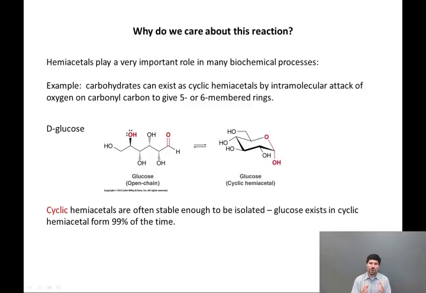Okay, so that's the formation of acetals and hemiacetals. In the next couple of videos, we will take these reactions and look at them in reverse. We will look at the hydrolysis of hemiacetals and acetals under initially acidic basic conditions and then acidic conditions to give alcohols and carbonyl compounds.